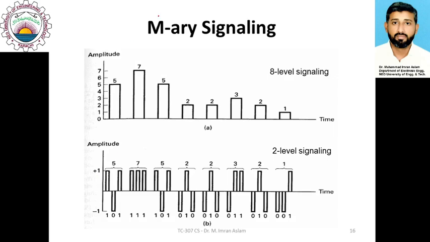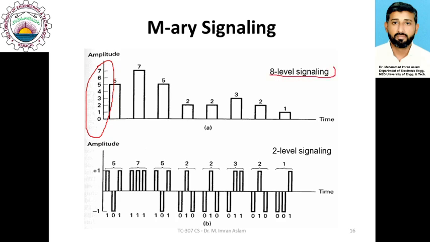So one application of this M-ary signaling is the representation of pulses in the form of different amplitudes. You can see that we have used 8 different pulses, starting from 0 to 7.